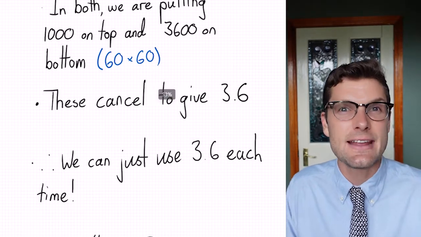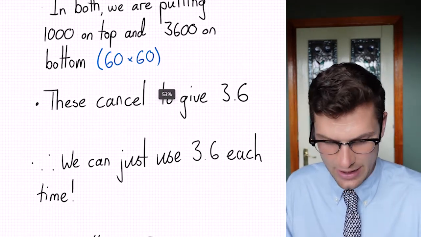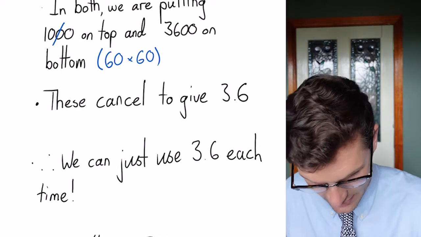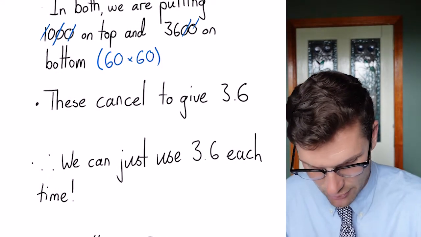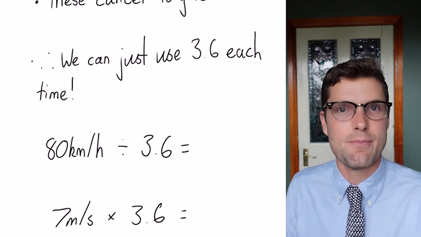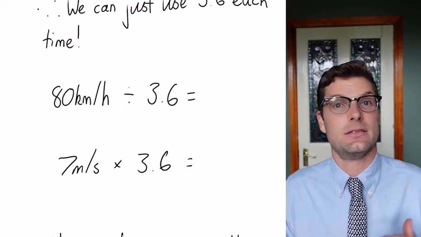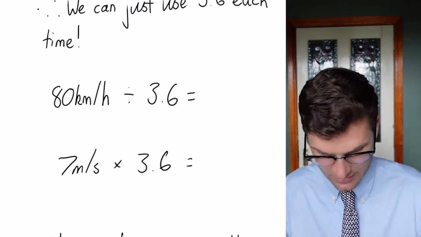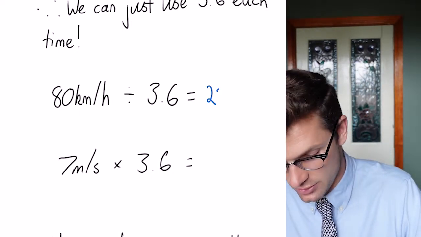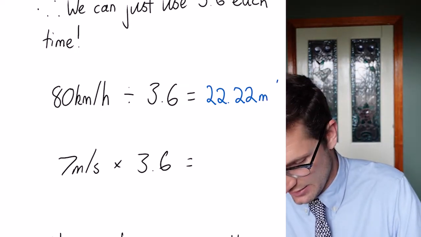If you cancel these two things, because they're on the top and the bottom of a fraction, it ends up with 3.6, because I get rid of all these zeros. So in real life, we can just use this 3.6 number. The 80 kilometers per hour divided by 3.6 gives us, in our calculator, 22.22, and this is in meters per second.